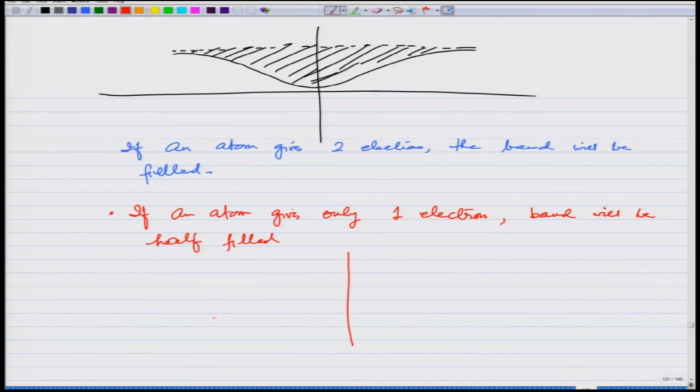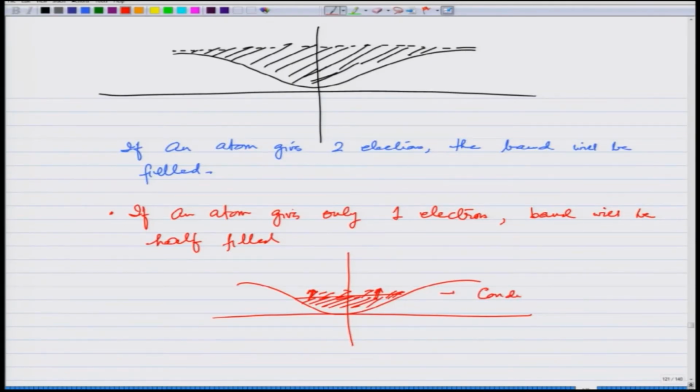Now, if the band is half filled and I give some energy to these electrons by an electric field, they may take energy and go to the higher levels, and that will lead to conduction. So, a metal is one where the band is half filled.